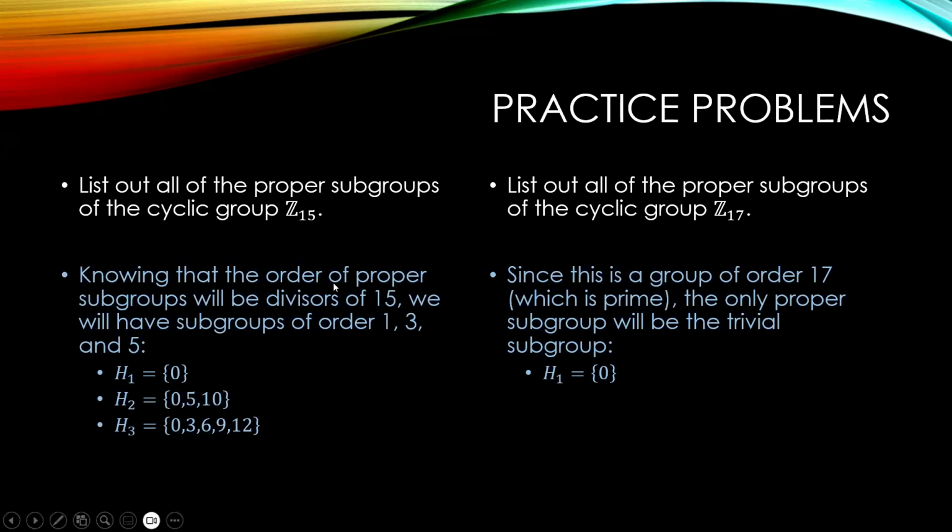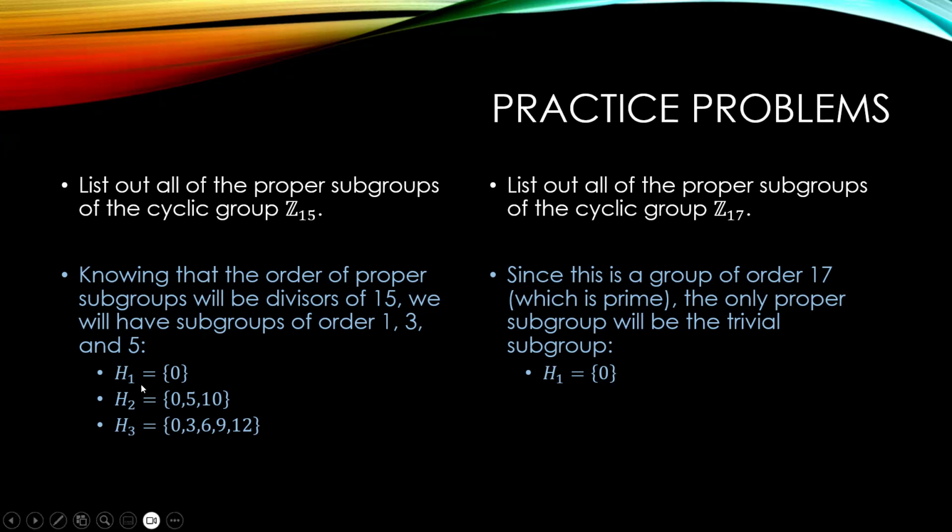Knowing that the order of the proper subgroups has to be a divisor of 15, we only have the options of it being 1, 3, or 5. Looking at this, the trivial group is the only subgroup of order 1. To have a subgroup of order 3, to get back to 15, we would have to start at 5, go to 10, and then we could get to 15.